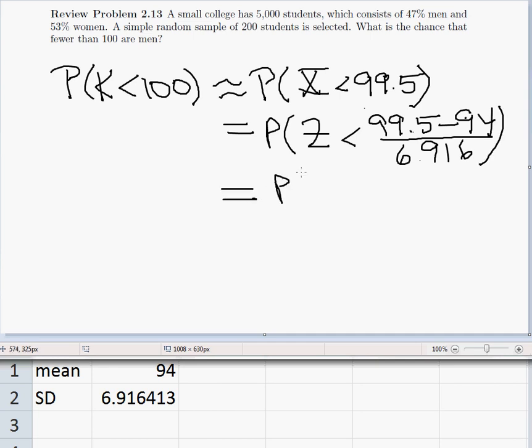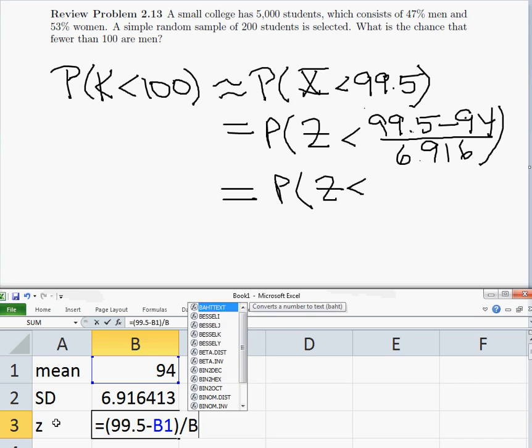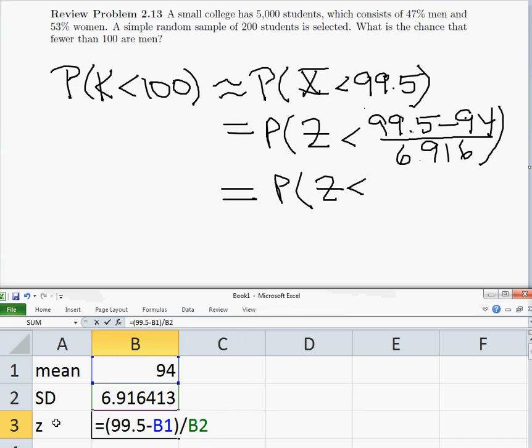That basically means convert the 99.5 into standard units. So the z value is going to be equal to 99.5 minus the mean 94 divided by the standard deviation of 6.916, which gives me a z value of 0.795.